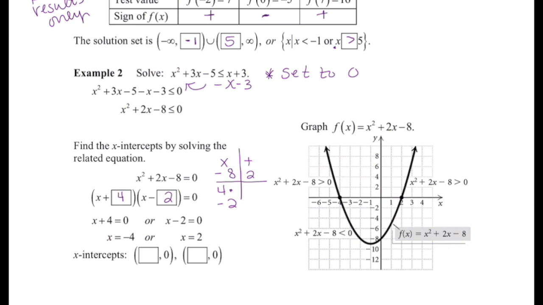So our x-intercepts are -4 and 2. Now we need to determine where we're going to shade. We want values that are less than or equal to 0. So my points here, we need to know what's happening in between.